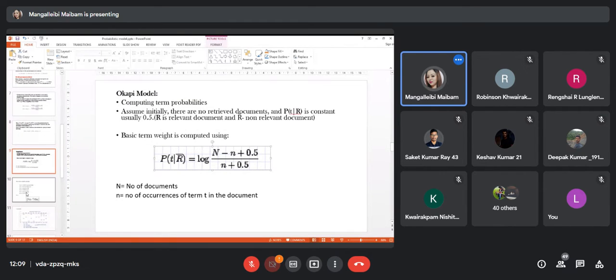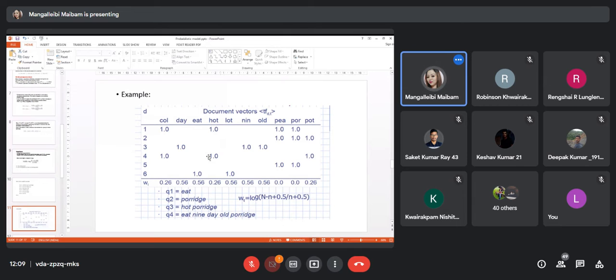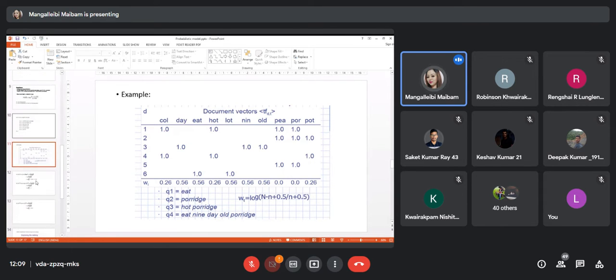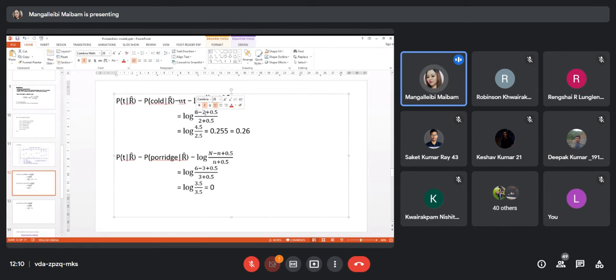Let us see the example here. For this, capital N equal to 6, I have 6 documents, and the calculation is here. Let us take the first one, probability of call. For probability of call, we are going to find N minus n. So 6 is the total number of documents. How does this n come?